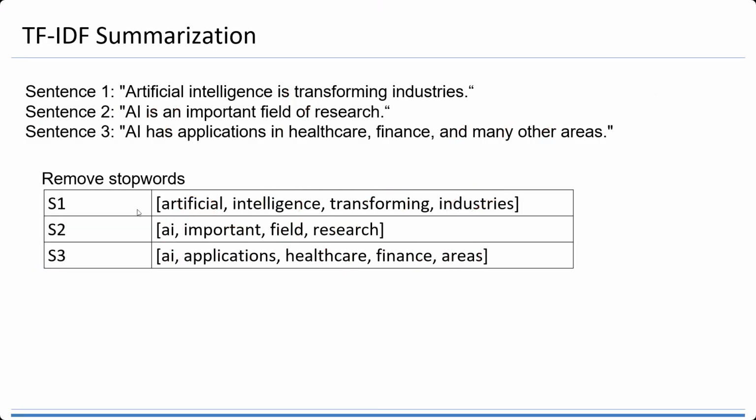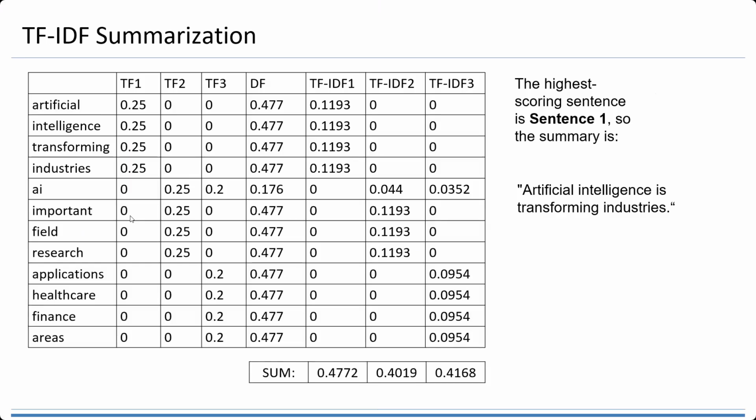Now, we want to do the TF-IDF. Okay, I think you are already expert on calculating the TF-IDF. We have the TF1, TF2, TF3. The TF1 means the term frequency for sentence 1. The TF2 is the term frequency of sentence 2. And the TF3 is the term frequency of sentence 3.